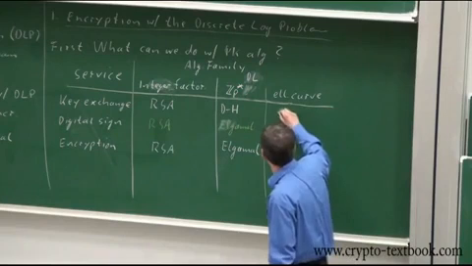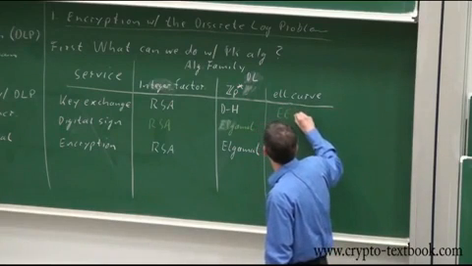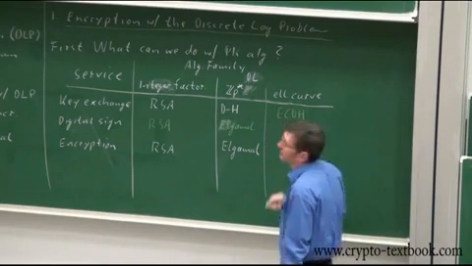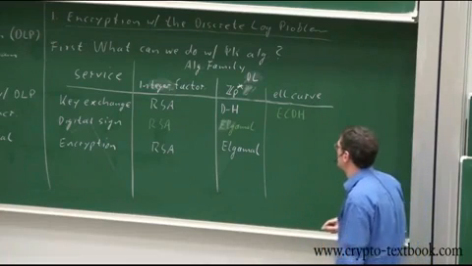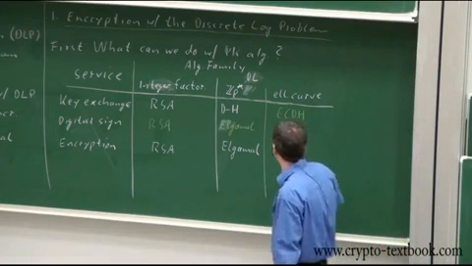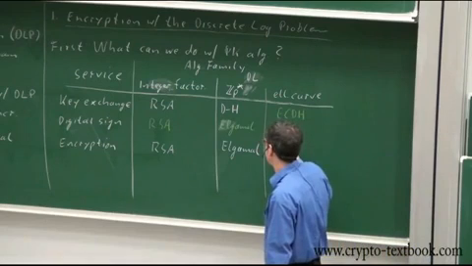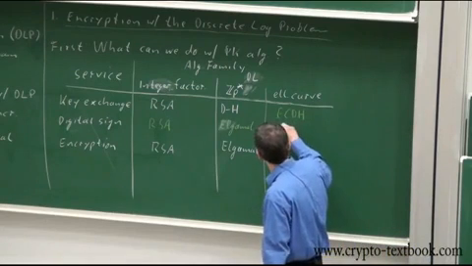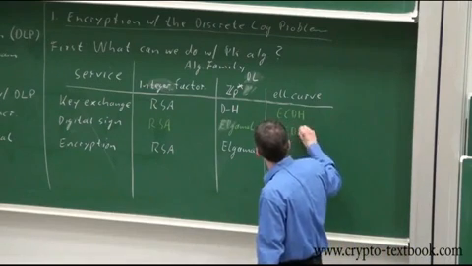So for key exchange, you do ECDH, elliptic curve Diffie-Hellman. For digital signature, there is elliptic curve DSA.